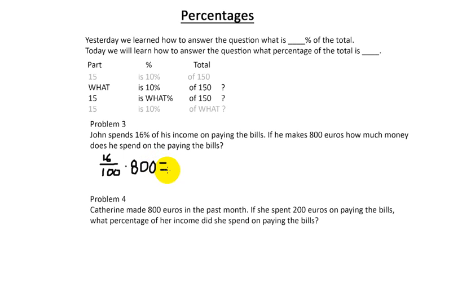Okay, so firstly, we need to do this multiplication. So 16 times 800 makes 12,800.